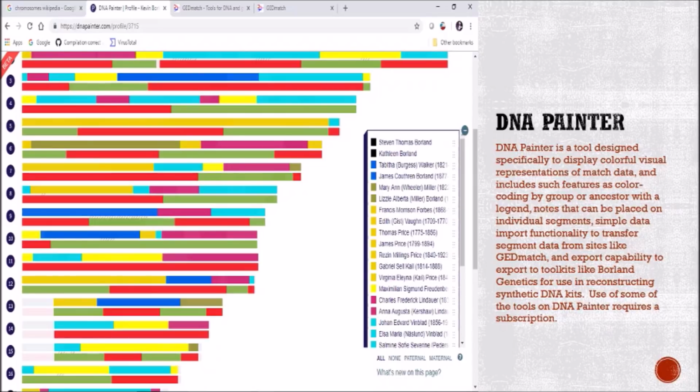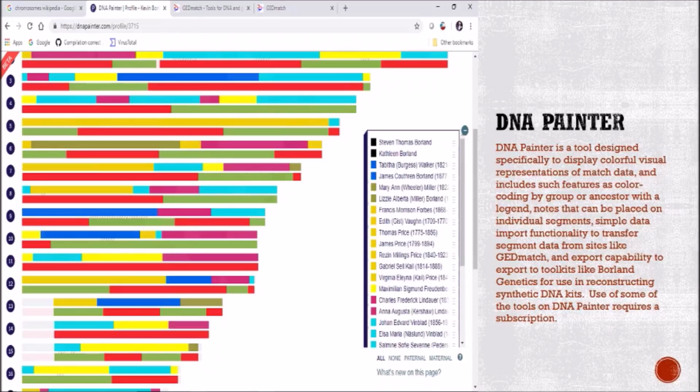I really like DNA Painter. It's kind of a newer tool. It's my favorite as far as really displaying segments and its versatility, and I consider it like the intermediary, the interface between my tools and Jedmatch, and kind of like a converter between other tools as well.